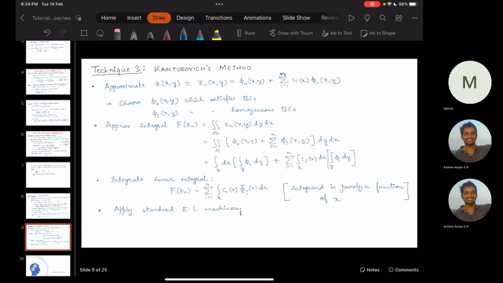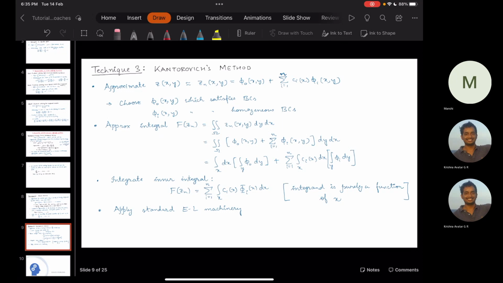Again, we have to make a proper choice for the basis functions. Mind you, phi naught, phi 1, phi 2, all these are basis functions, so they again have to satisfy certain conditions. The first condition is that phi naught of x, y has to satisfy the boundary conditions defined for the particular problem.